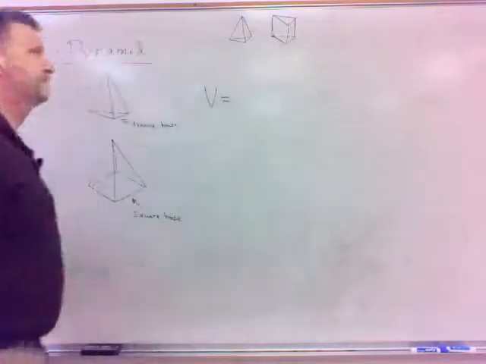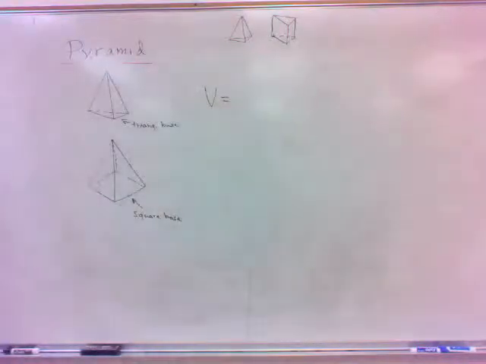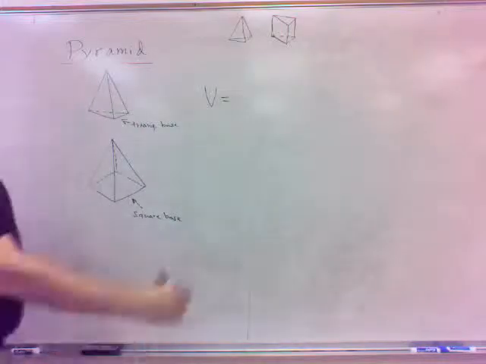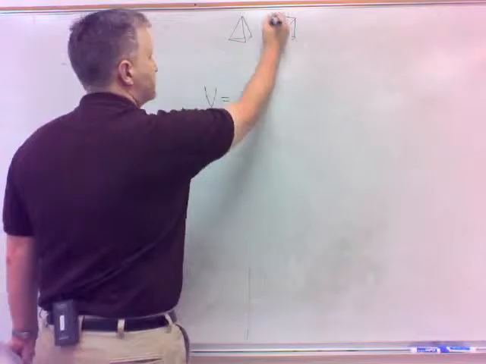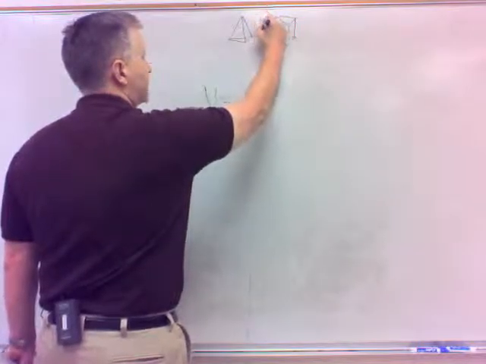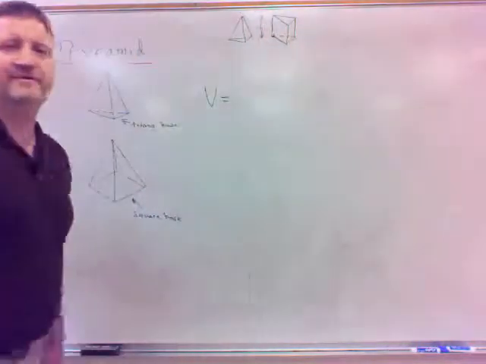Something like that. So I've got the same triangular base here and here, same height here and here. How many of those pyramids do you think it would take to fill the prism?